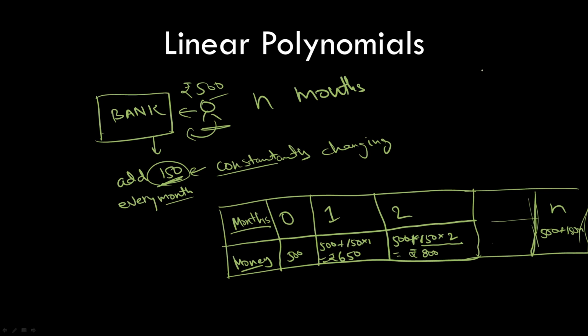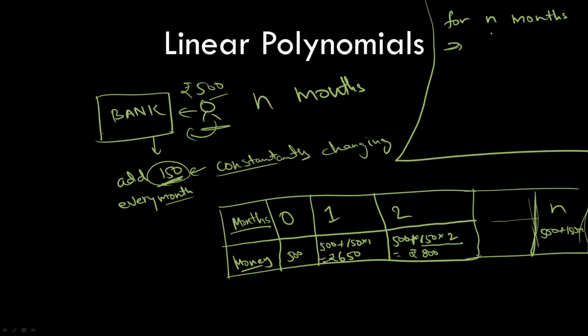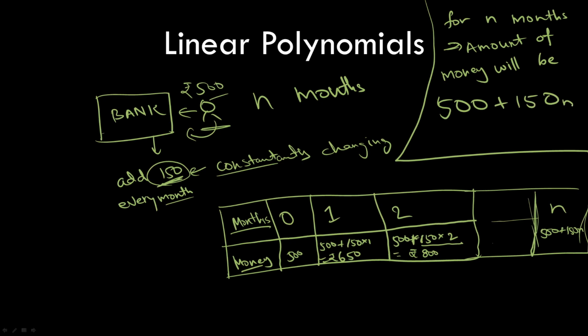So now we can write here: for n months, the amount of money will be 500 plus 150n.